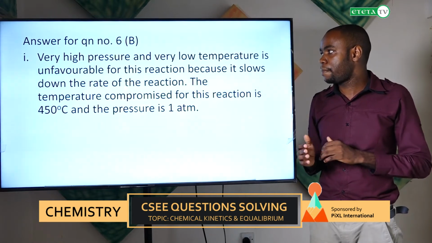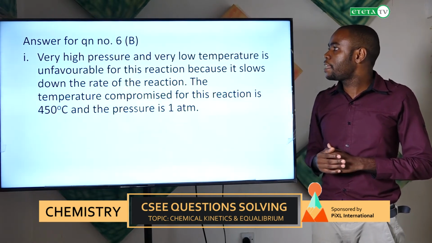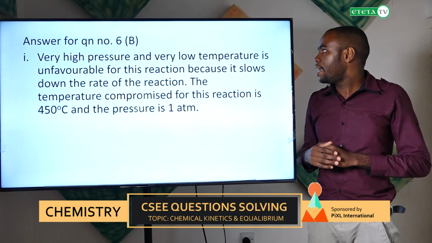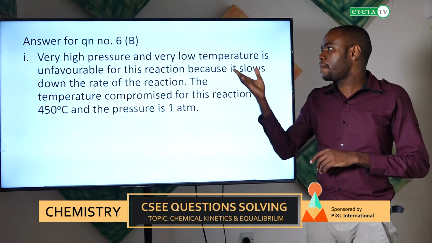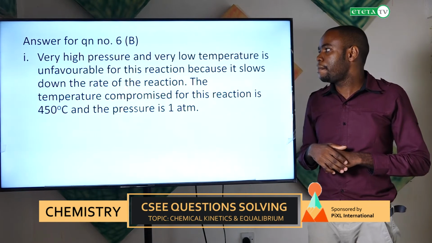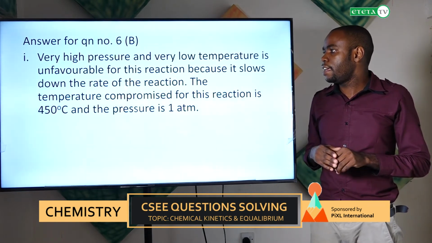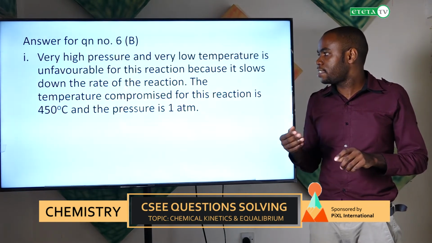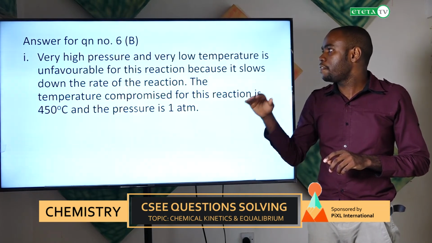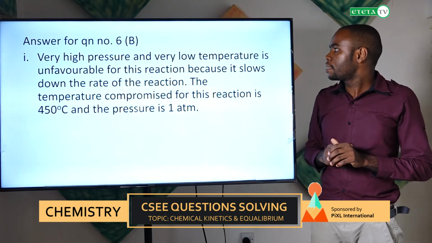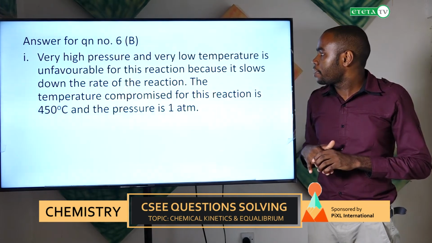But if the temperature is very low and the pressure is very high, it is unfavorable because the catalyst can't work under very low temperature and very high pressure. So it slows down the rate of reaction.